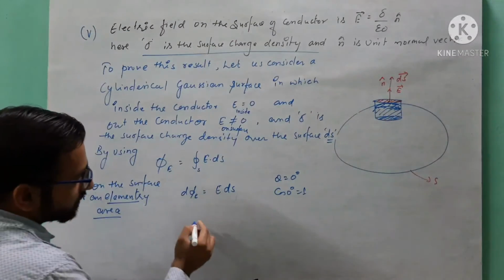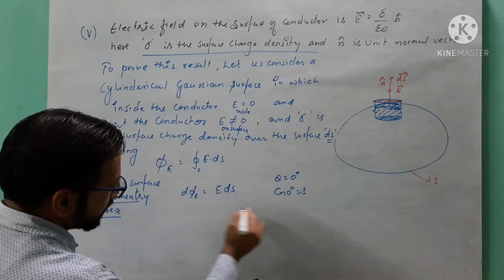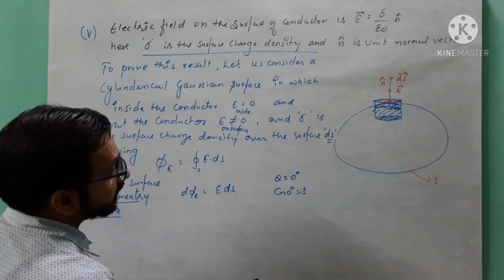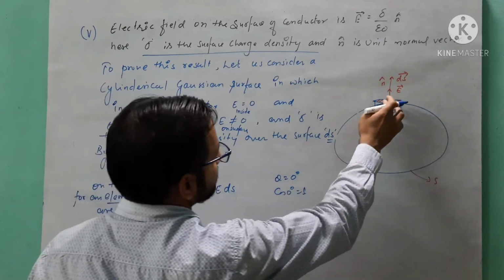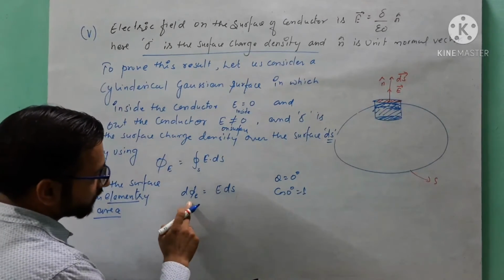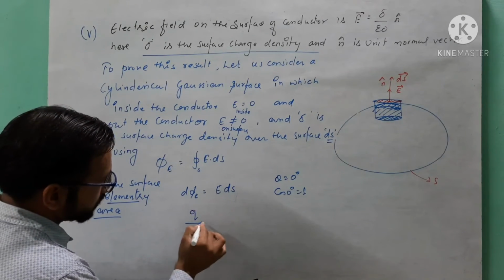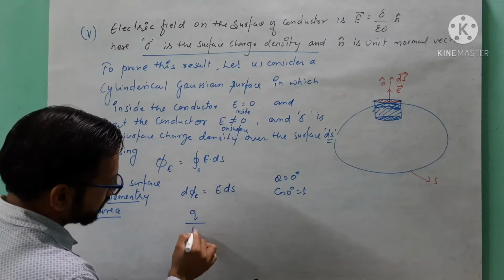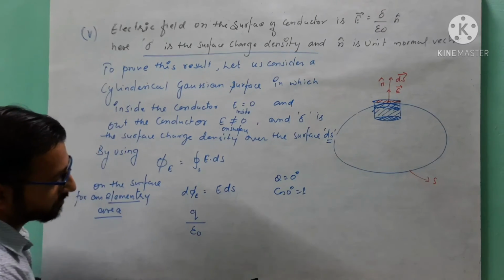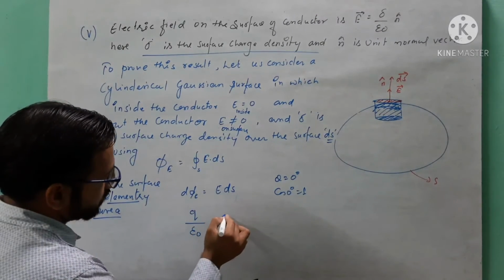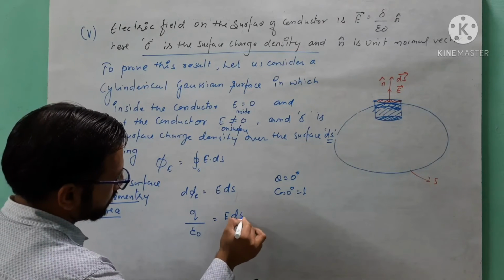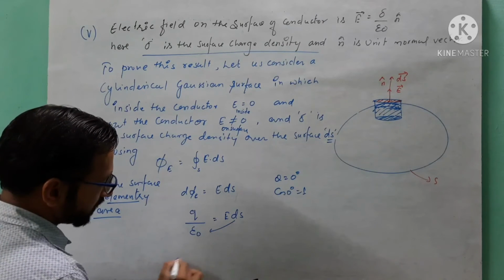Now after that, student, as we know by Gauss theorem, if Q is the charge, I will use the formula Q over epsilon naught is equal to the integral of E dot ds, and this ds will come down.